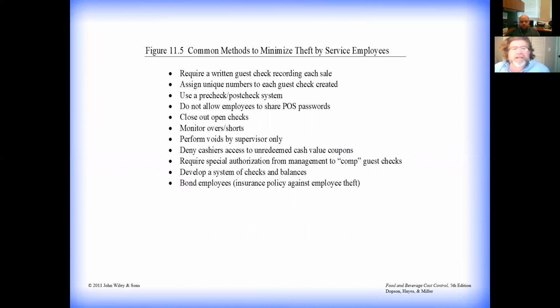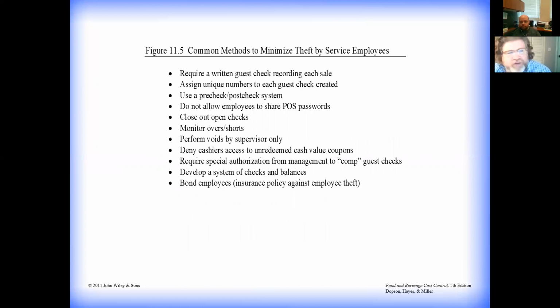So here are the guidelines for how to deal with theft by employees, or try to keep it to a minimum. Require a written check. Have a check for every transaction. Every check should have a unique number. Do the pre-check, post-check. Don't allow your employees to share passwords on the point-of-sale system. Close out all your open checks. Pay attention to the overage and underage.